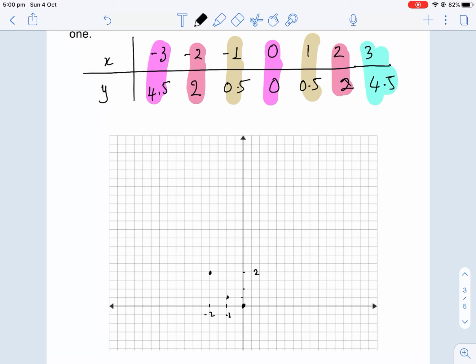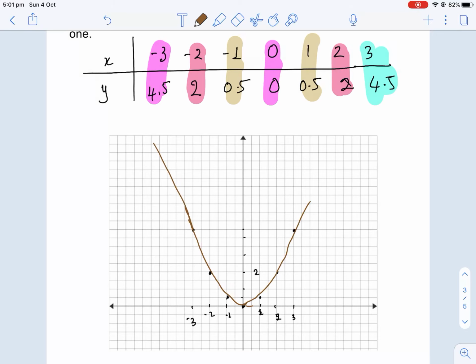Then -3 is 4.5, and it goes up. Next is this point of 2, and 3, 4.5 is going to be in here. And then I connect them all together, and this is my parabola.